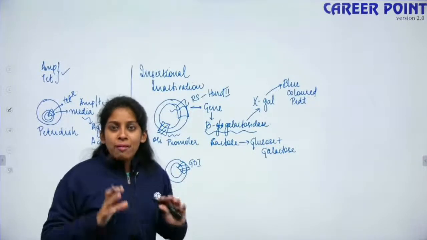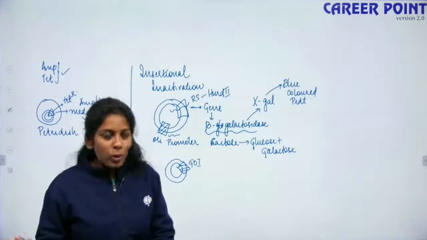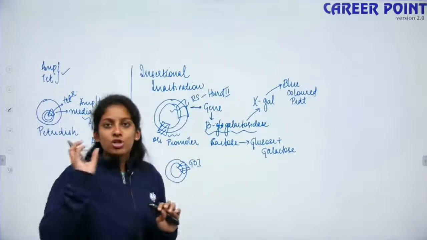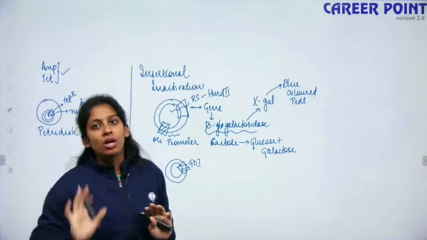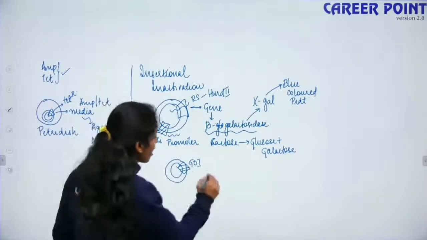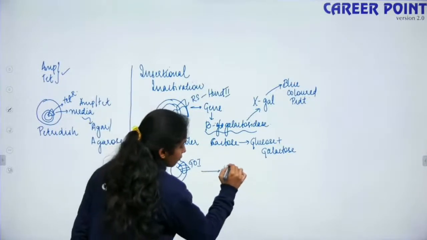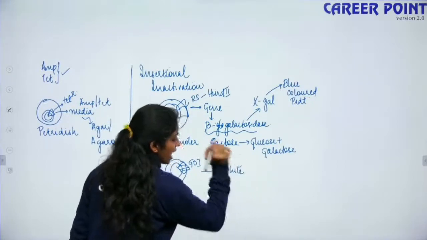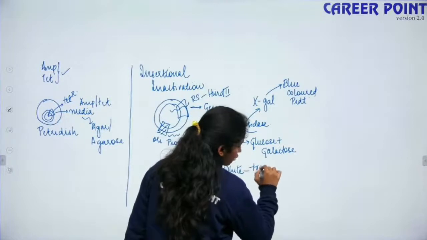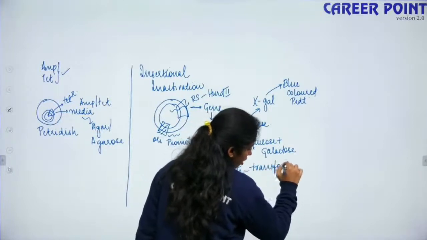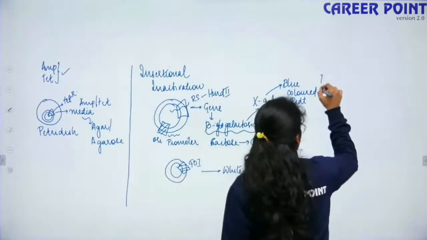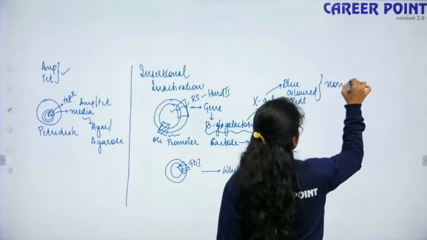Now if the bacterial plate turns blue, it means the beta-galactosidase gene is there because that gene is coding for that protein and hence the blue color is coming. But if I do not have blue color, if I have only white color, it means my ligation has happened. So here white color refers to the transformed ones, which we call transformants, or the blue colored ones refer to the non-transformants.